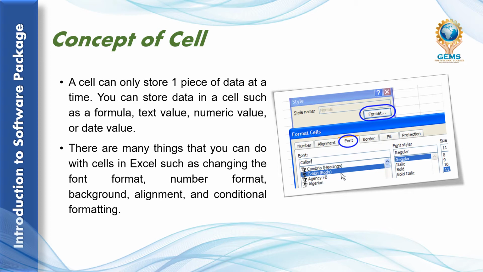There are many things that you can do with cells in Excel, such as changing the font format, number format, background, alignment, and conditional format. In this image you can see that you can change the font, alignment, number, and border. So whatever you want you can change, and you can apply it in your Excel sheet.